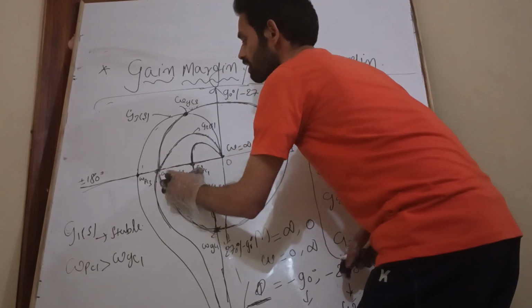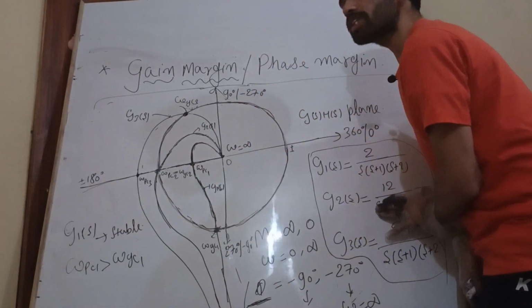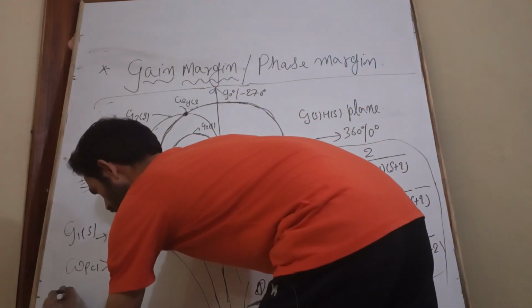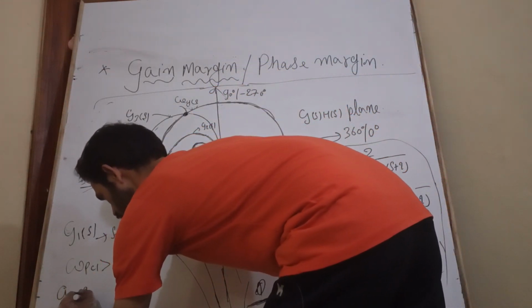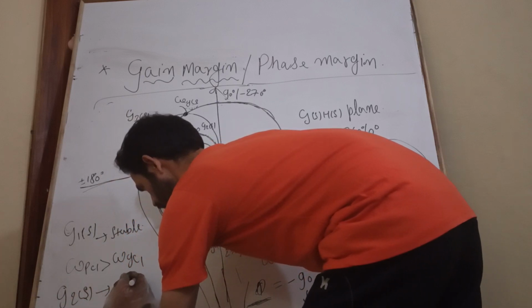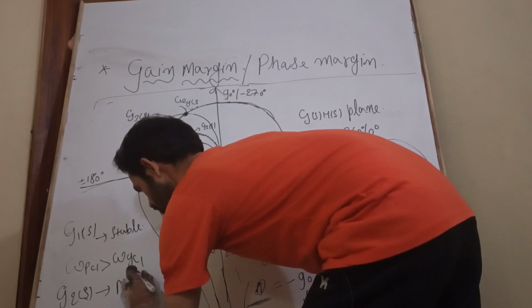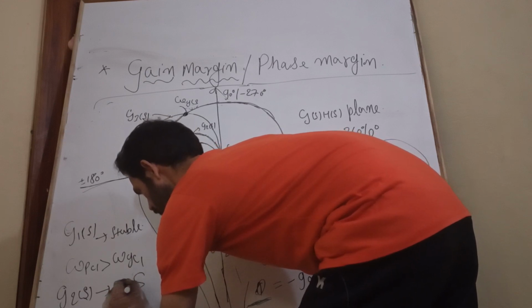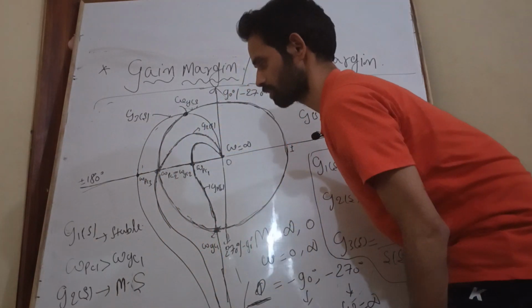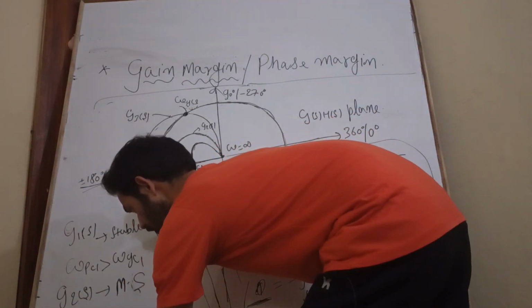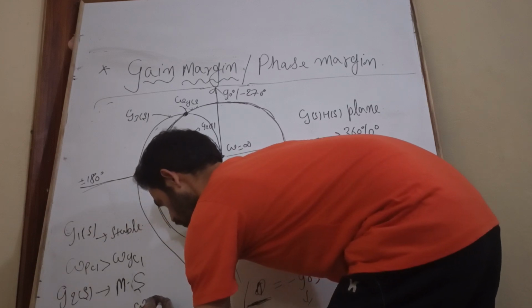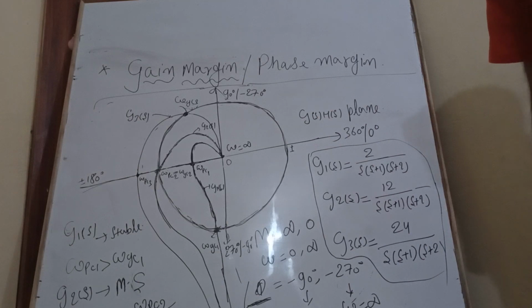Then I can say that this G2 of s is a marginally stable system, for which omega gc2 is equal to omega pc2.